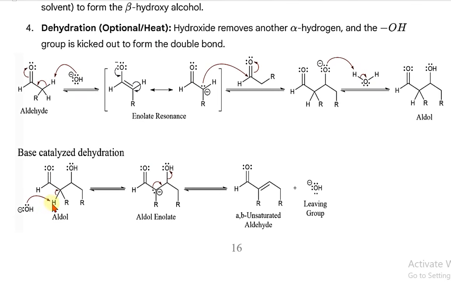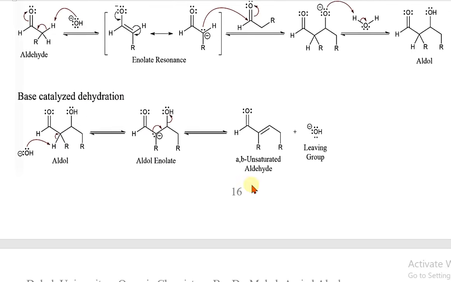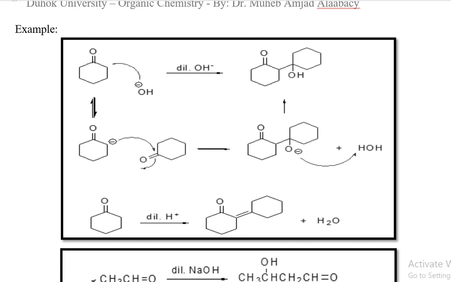The final step is the dehydration. The base removes the alpha proton, again an alpha proton, and this gives you a carbanion. It will make a double bond here, and this will leave the structure to give you an alpha beta unsaturated aldehyde or ketone. That is the mechanism. Look at this example again. Hydroxide anion takes the alpha proton, giving you a carbanion.